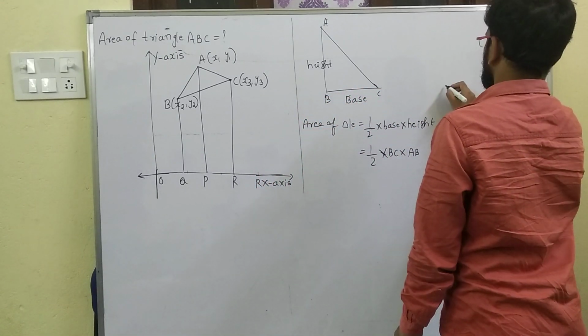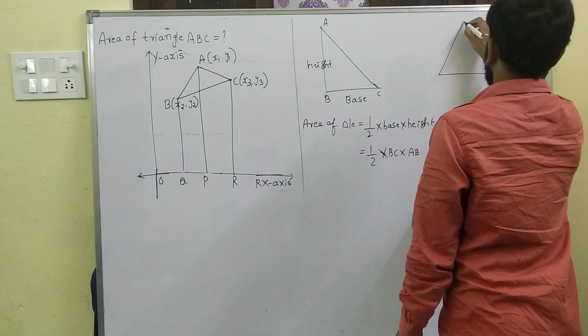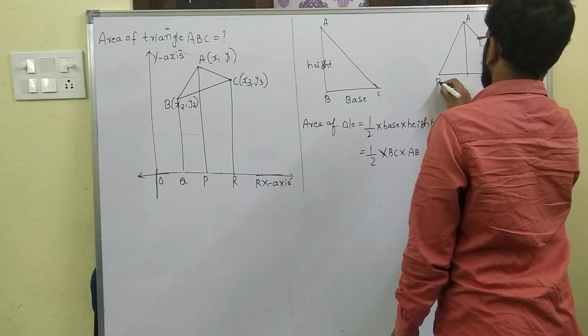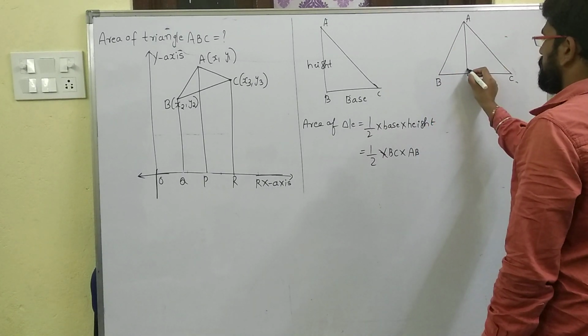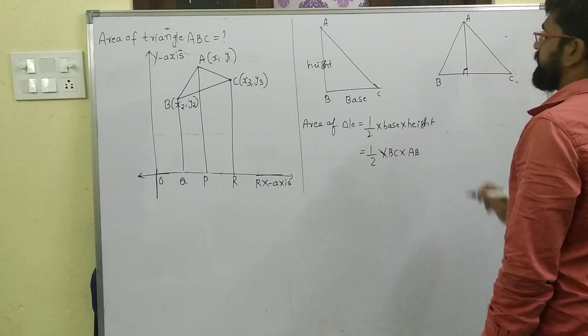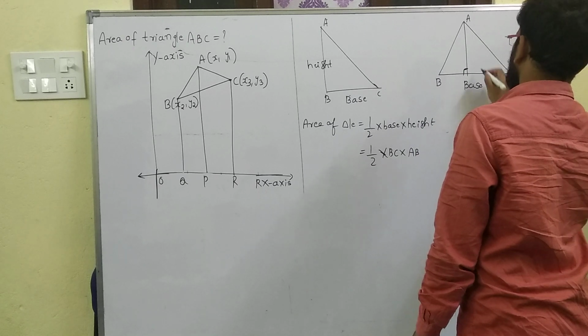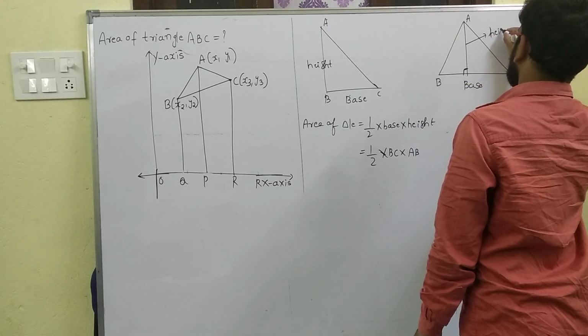The triangle is like this. I am making the perpendicular from A to BC. Perpendicular means it makes an angle of 90 degrees with respect to BC. Then this is called the base, whereas this is called the height of the triangle.